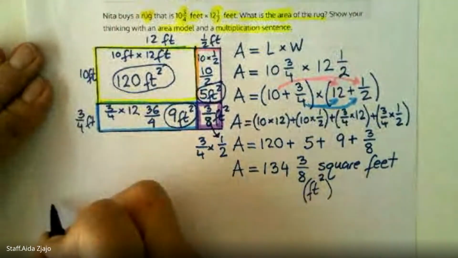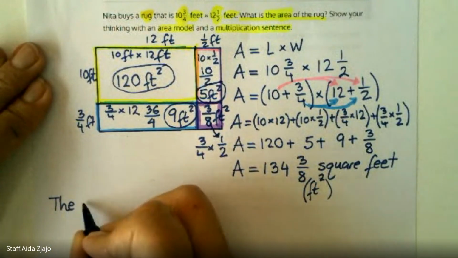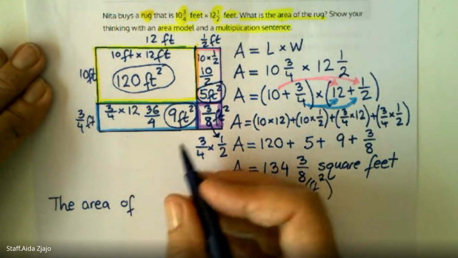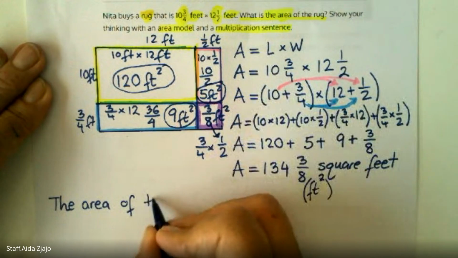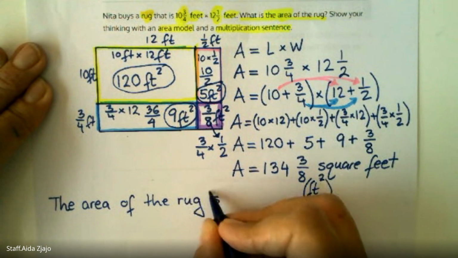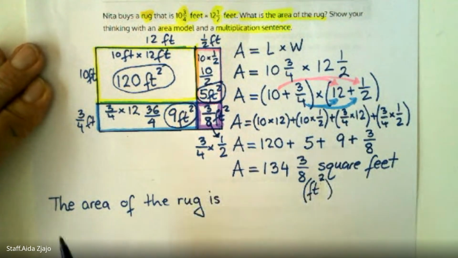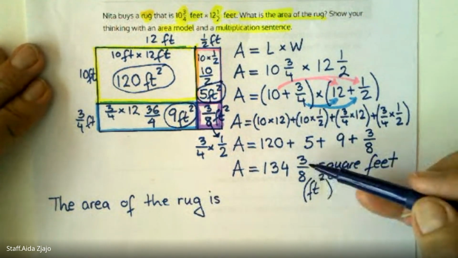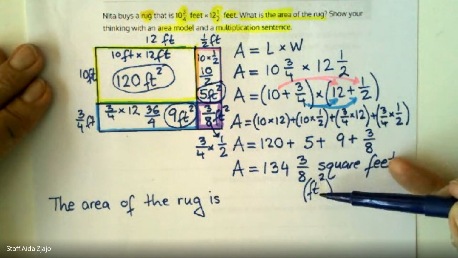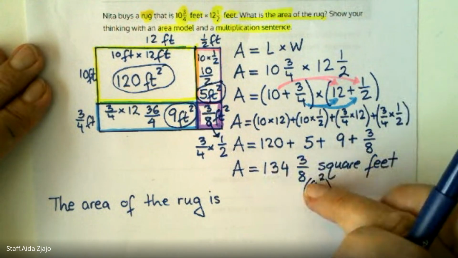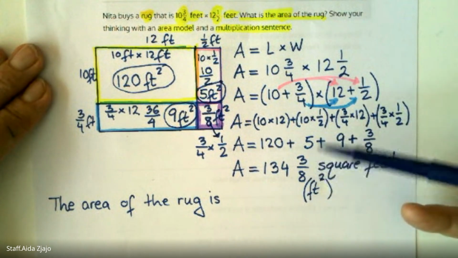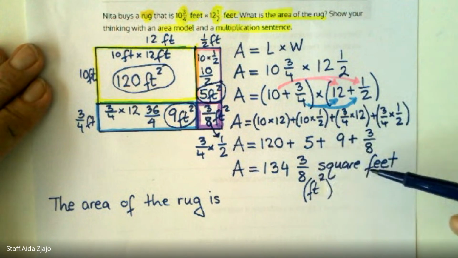The area of the rug is about, because if we say 134 and 3/8 square feet, we can round to the nearest half square foot, because 4/8 is a half square foot.